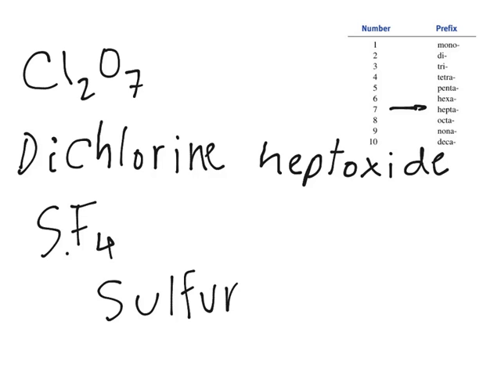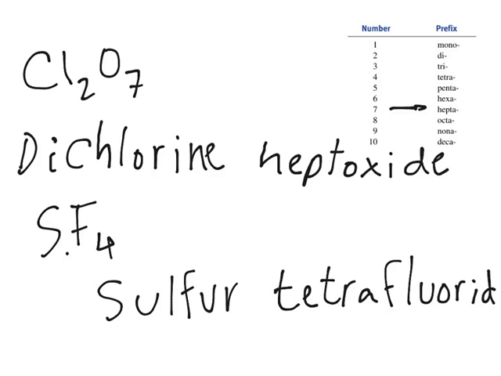The second element is fluorine, and we have a 4 there, so it is tetra. Because we have to add the IDE, it is fluoride, tetrafluoride. So this compound would be sulfur tetrafluoride. And that is how you name a covalent compound.